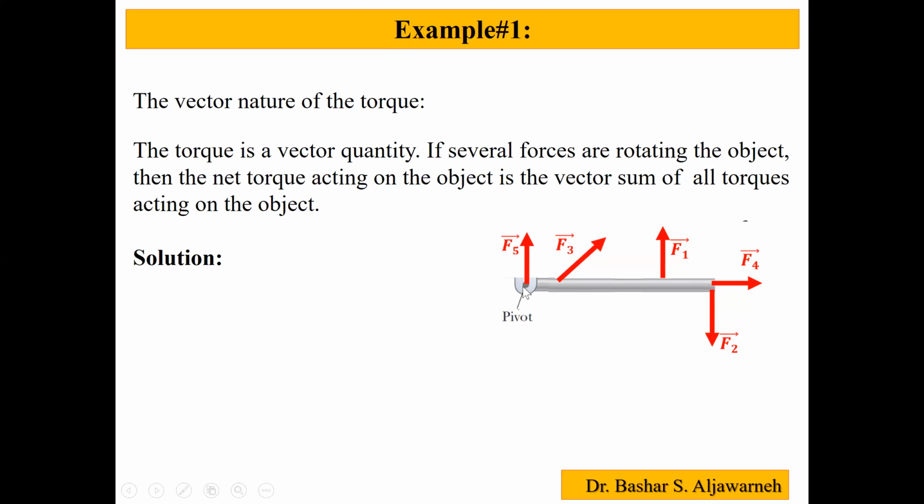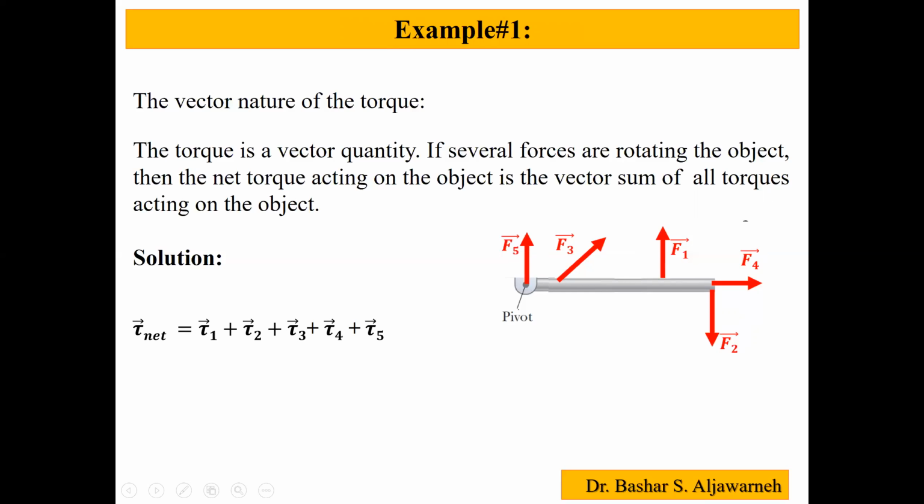Let us call it P or O, and we have 5 forces acting on this object. The total torque around point O or point P or around this fixed point will be torque from F1 plus torque from F2 plus torque from F3 plus torque from F4 plus torque from F5.